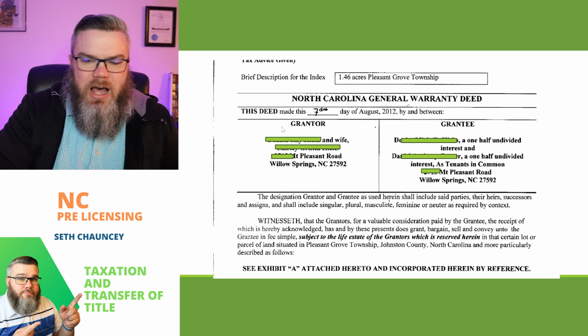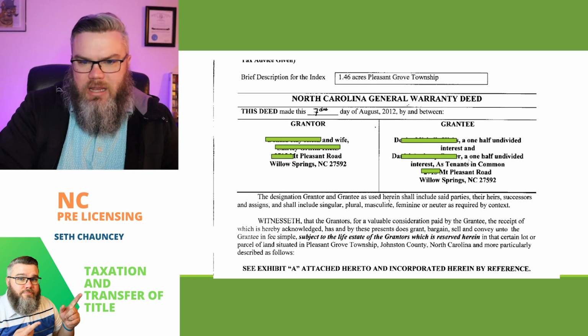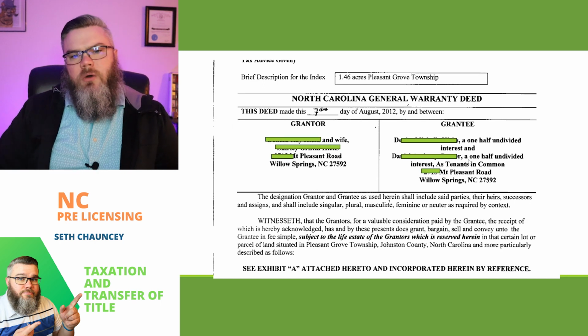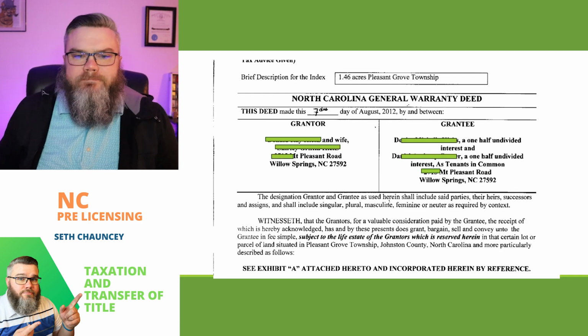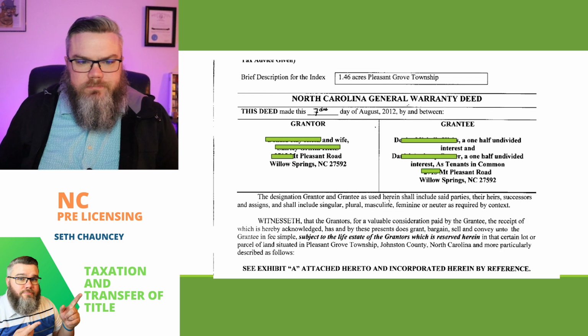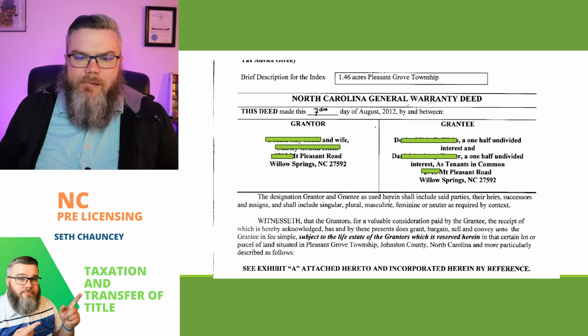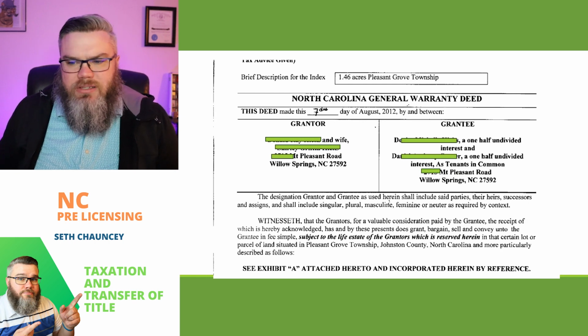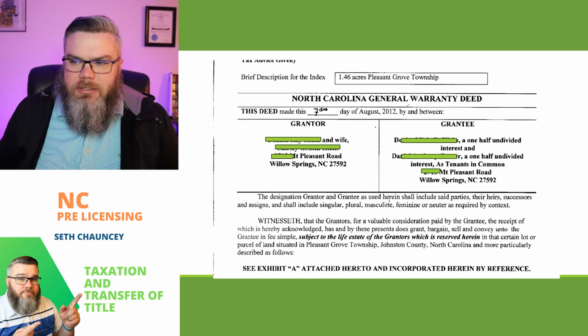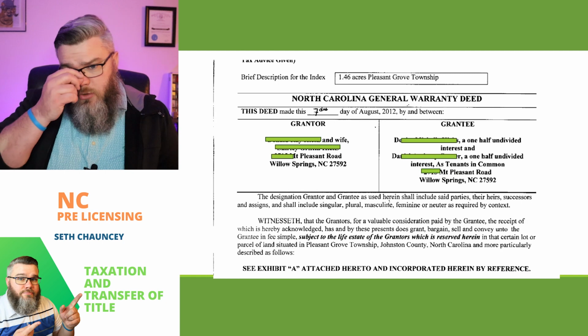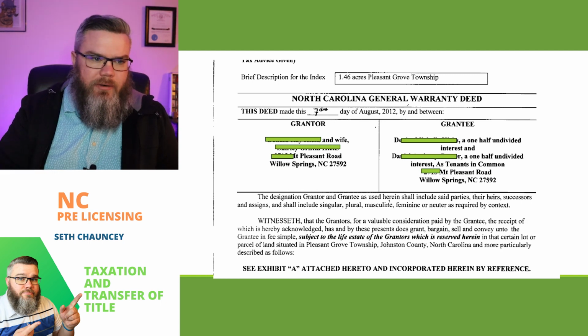But once they die, these people are named as remainder men. So this is a conventional life estate where these people will take ownership as remainder man once this conventional life estate is up as equal tenants in common. See how that works? That's why I like this deed so much. I marked out all the people, but it's very fascinating because it's a great example for some of the concepts we've talked about already.